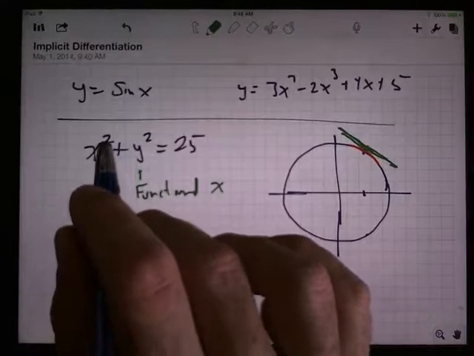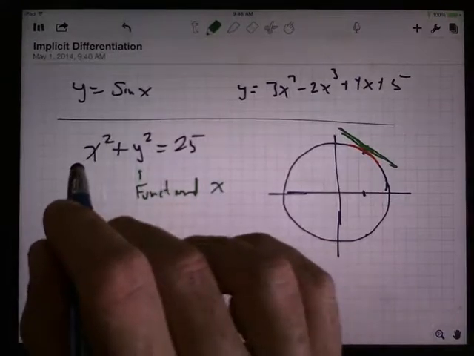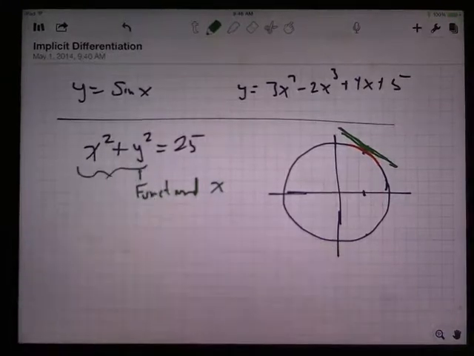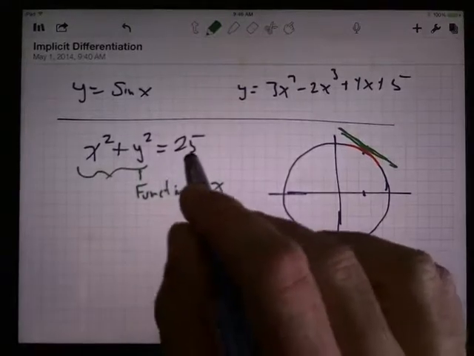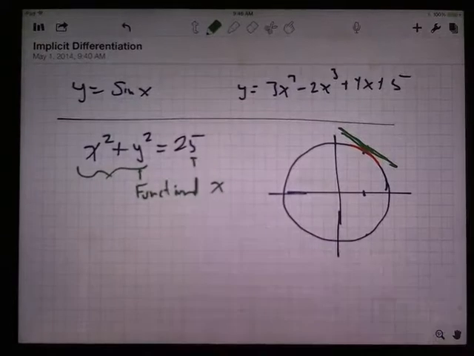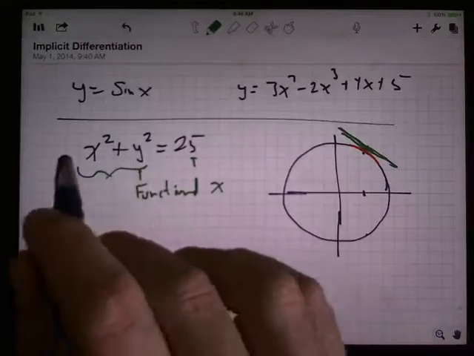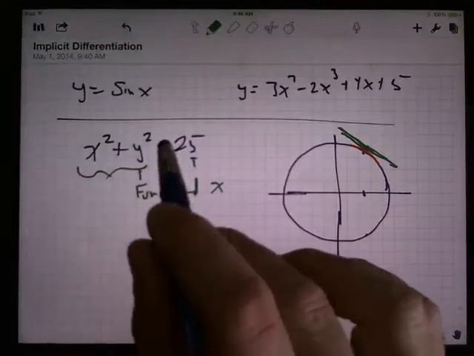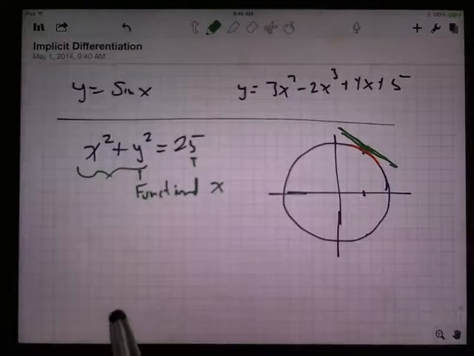X is a function of x. X squared is a function of x. So the whole thing becomes a big old function of x. And that's equal to this function of x over on this side. Granted, this side in this example is a simple function of x, just a constant. But still, what I'm thinking of is I've got 2 functions of x equal to each other.